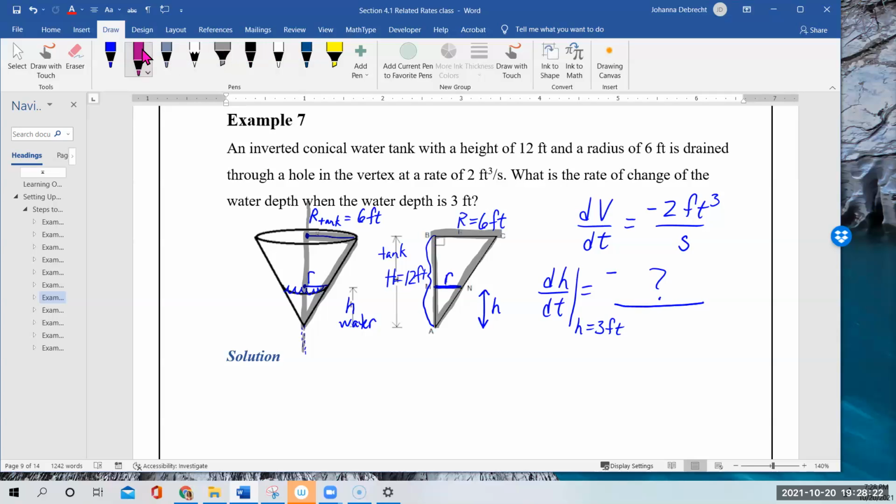Because we have an angle at the bottom near the vertex and a right angle at the top, we know that the angle here in the corner is set by 180 degrees minus 90 degrees minus the angle at the bottom. There's another triangle in here as well, and I'll outline it now in yellow. That would be the height of the water, the radius of the water, and this portion of the slanted height.